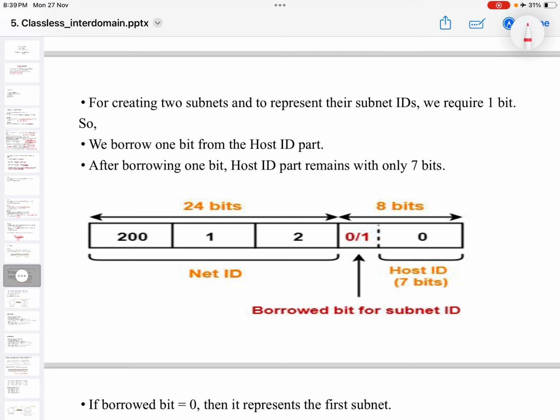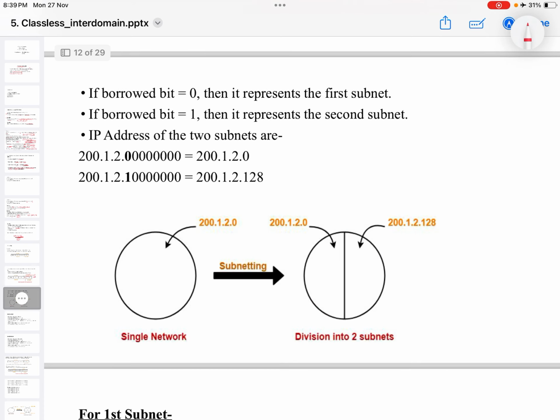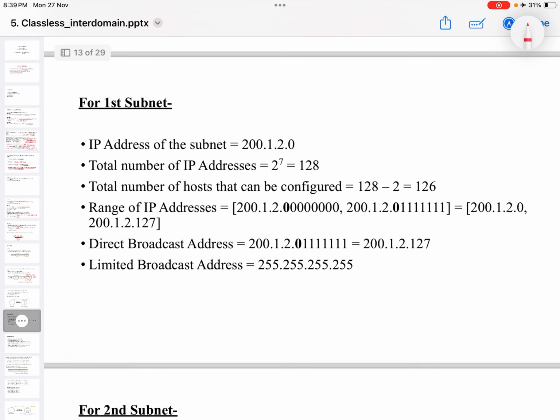We require 1 bit, so we borrow 1 bit from the host ID part. After borrowing 1 bit, the host ID part remains with only 7 bits, instead of 8. If the borrowed bit is 0, it represents the first subnet. If the borrowed bit is 1, it represents the second subnet.